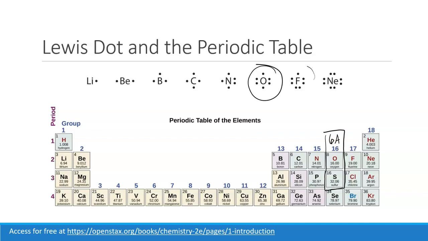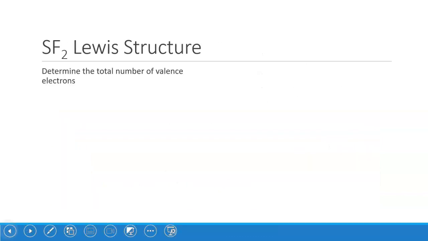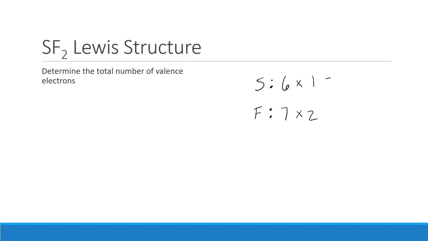And fluorine, based on the last example, should have 7. We only have 1 sulfur and 2 fluorines. So 6 from sulfur plus the 14 from the fluorines should give us a total of 20 valence electrons.